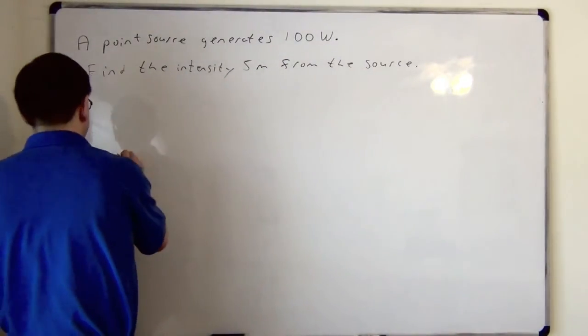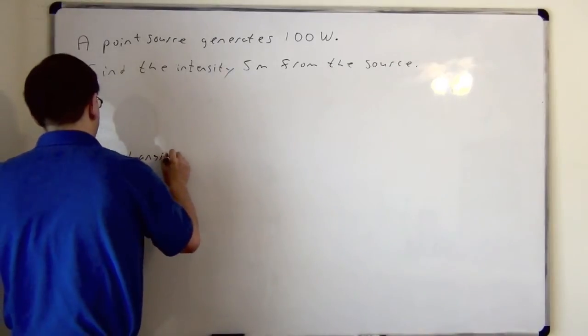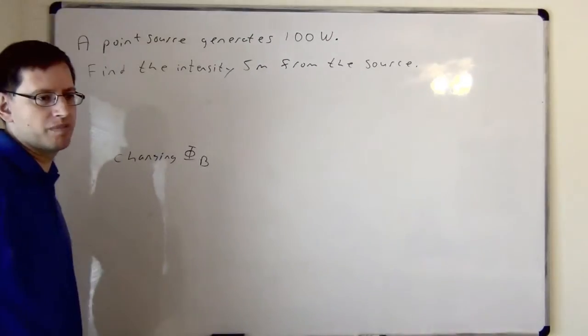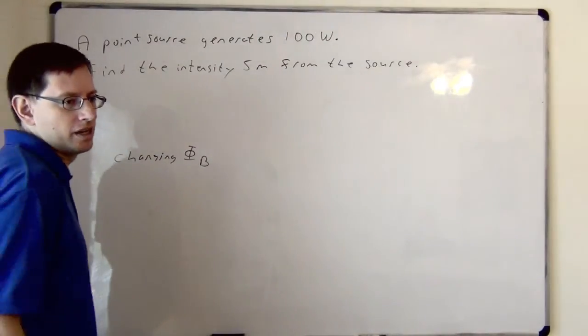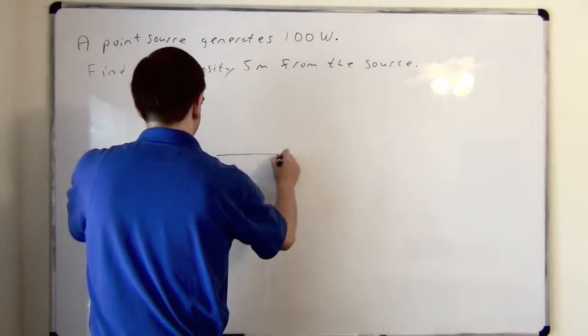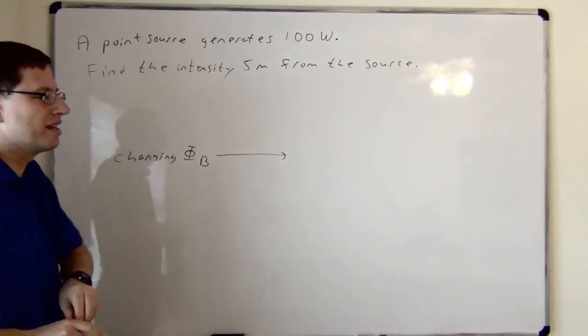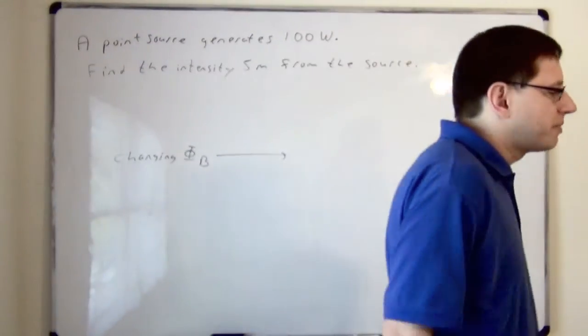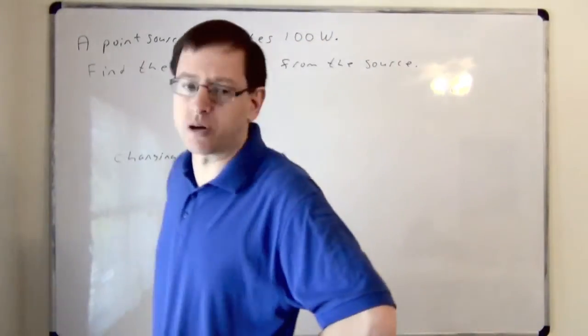We've seen what happens when you have a changing magnetic flux. What does that create? An induced current. That's right, an induced voltage and an induced current. Well, something we haven't quite talked about, you had a couple of homework questions about this.